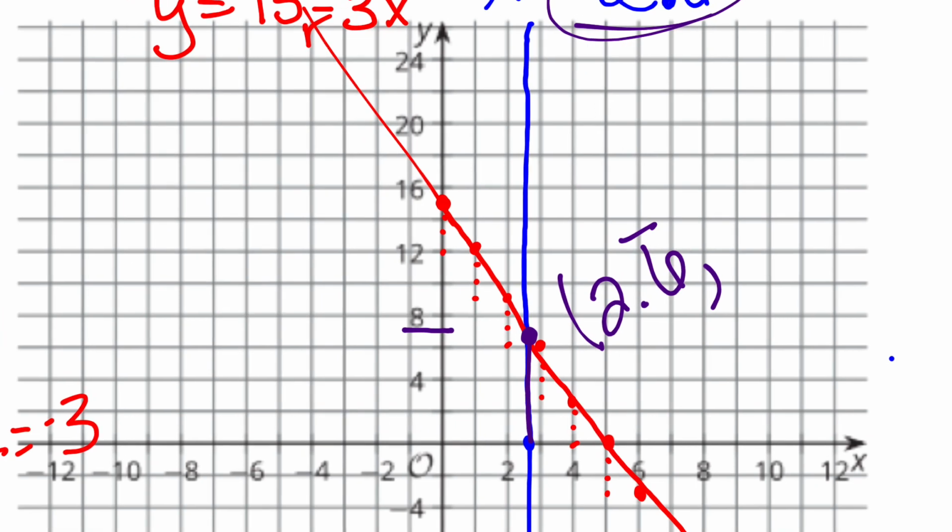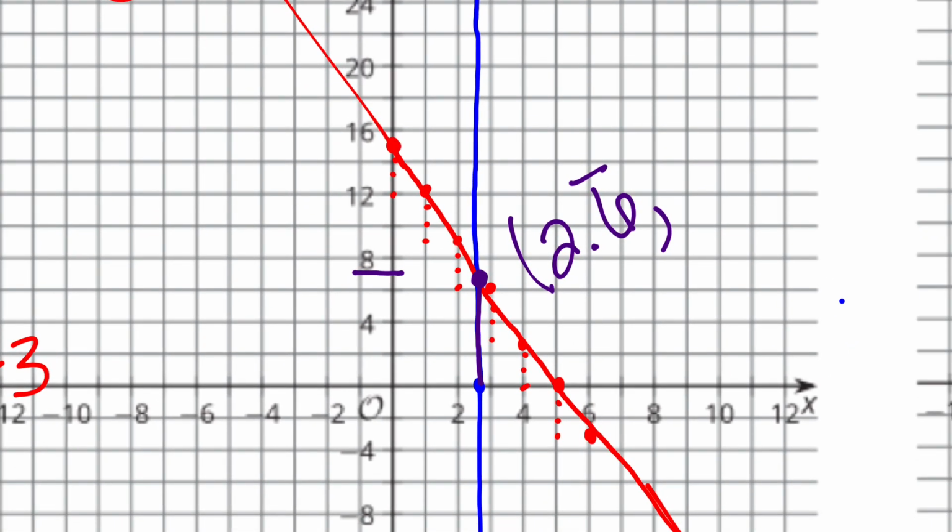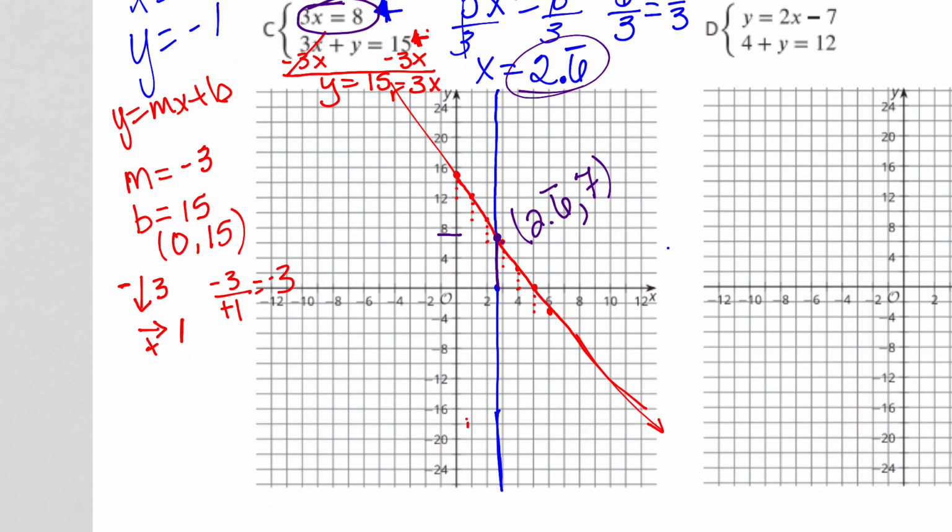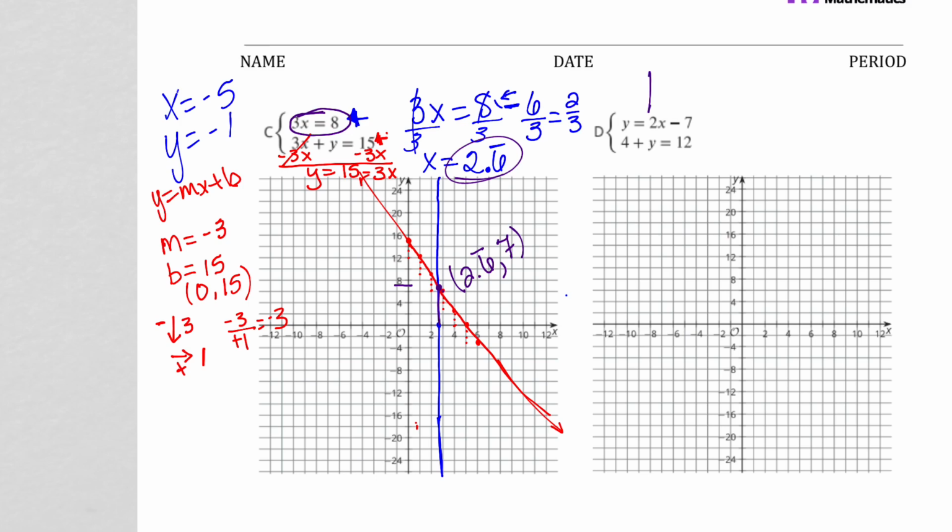Our y value is a little bit trickier. So it is going to be between 6 and 8. So we're going to assume it's about 7. At least that's how mine looks. Does yours look like that? Okay. So, I'm going to go ahead and leave 8 or D for you to do.